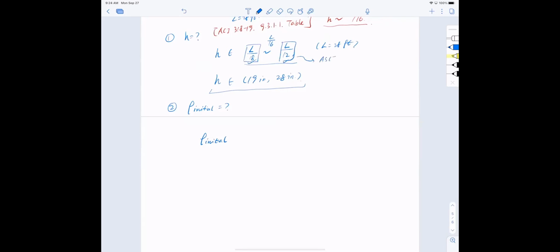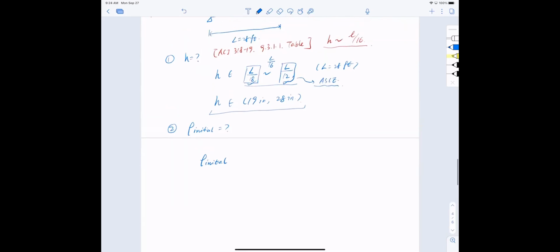Yeah, but what I'm saying is you can use the ACI 9.3.1.1 table, and that gave you an exact number, but be careful on this. This is what we call the minimum. If you notice in the table, there's a small notation mark, 1, and that is different because this H is the so-called effective depth, and that depth changes when you have different support conditions.